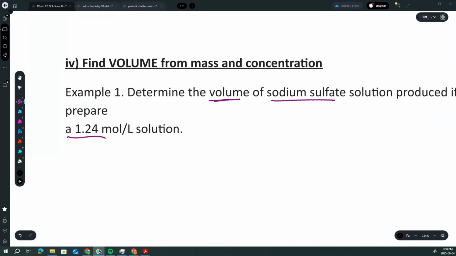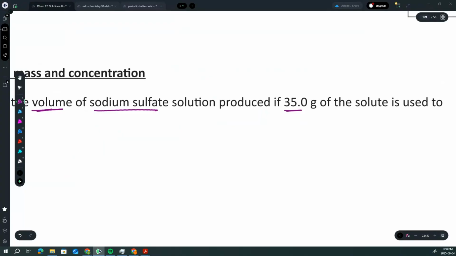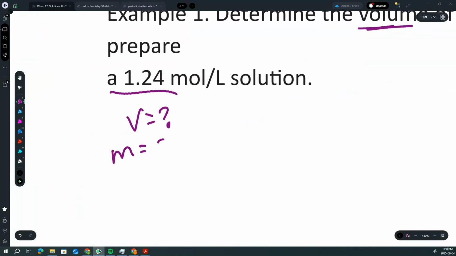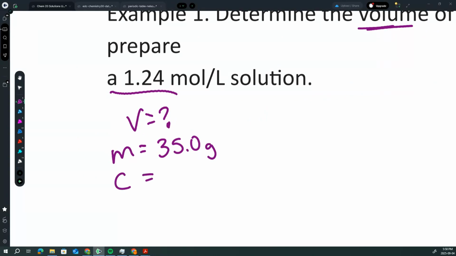So let's write out our list of givens. Volume, we don't know. Mass, that was 35 grams. And concentration was 1.24 mole per liter.